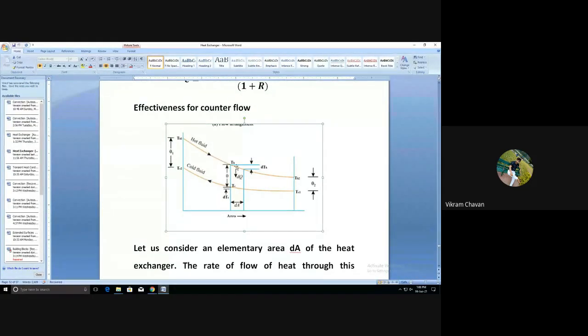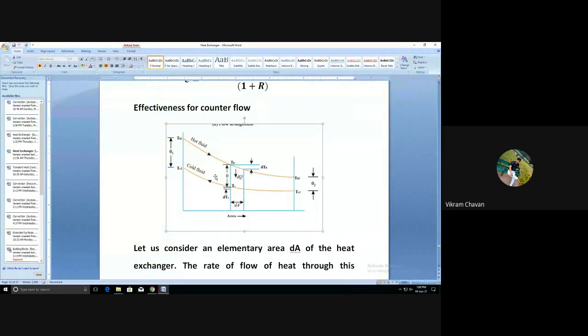The hot fluid temperature is decreasing, but the cold fluid temperature is increasing in the opposite direction, that is, in the negative x direction. So in the positive x direction the cold fluid temperature is also decreasing in a counter flow heat exchanger.